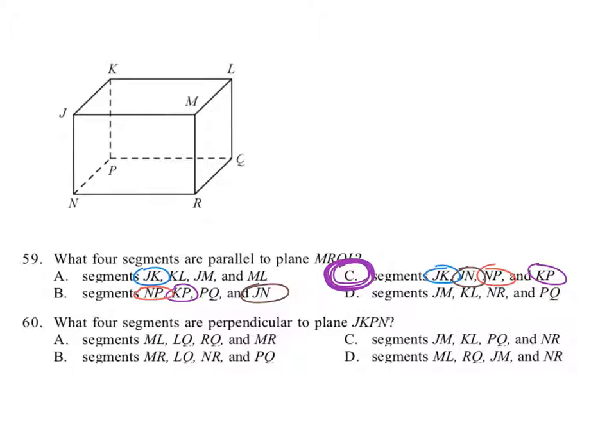What four segments are perpendicular to JKPN? JKPN, that's that. And perpendicular to it means running at a 90-degree angle. And what things are going to run at a 90-degree angle? Well, this is like a cube or a rectangular prism.